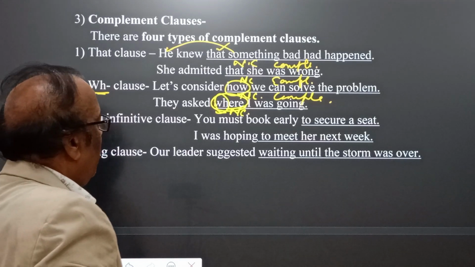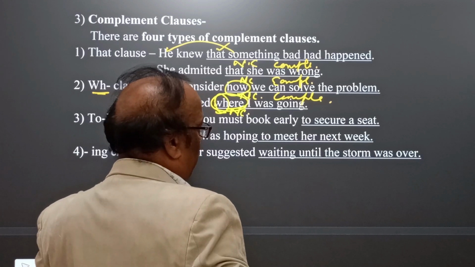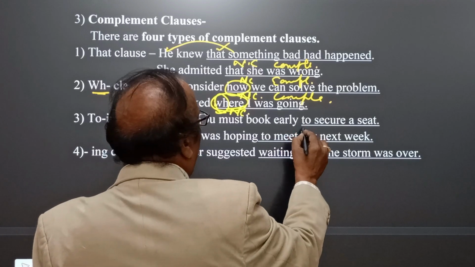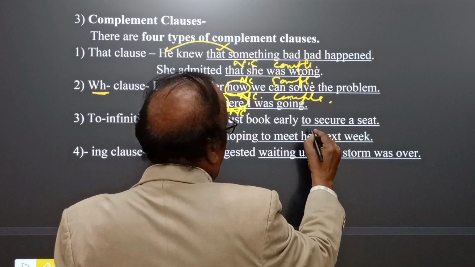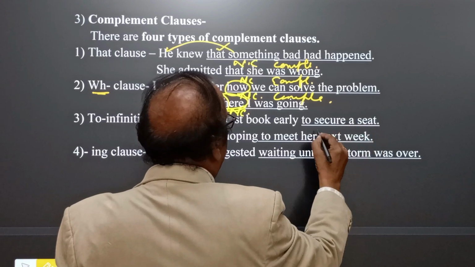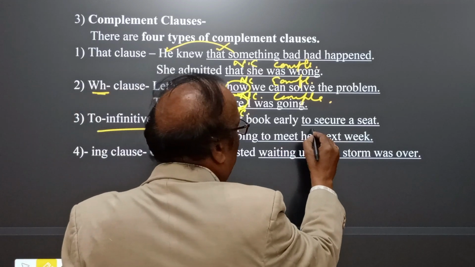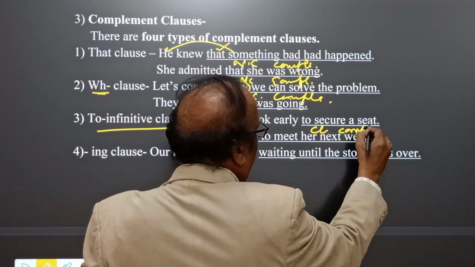To infinitive: you must book early to secure a seat. Here we find to secure, to plus infinitive, to infinitive. To secure a seat is a to infinitive clause, and this clause also acts as a complement.